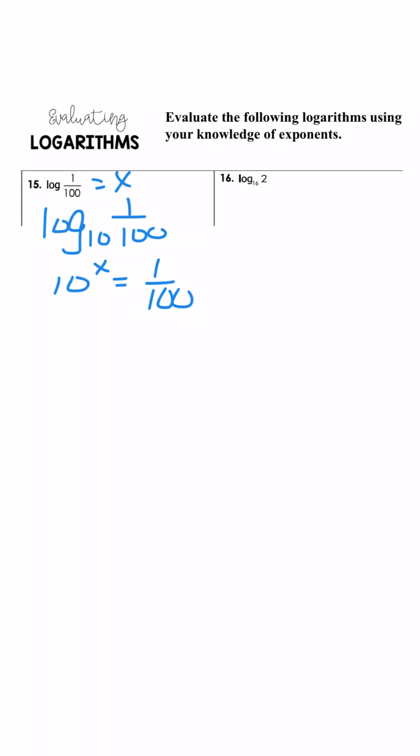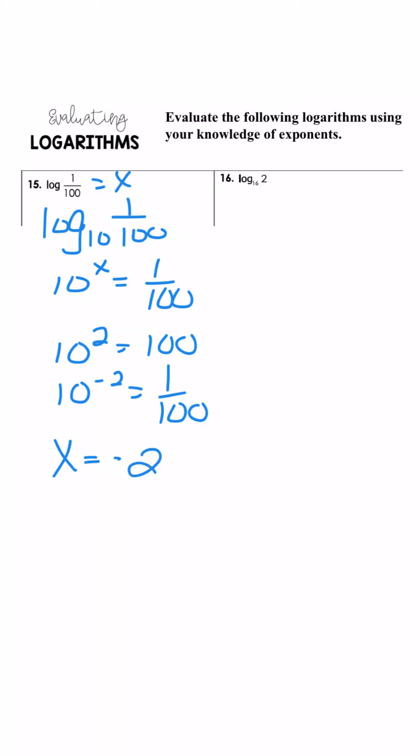I already know that 10 to the second power equals 100. And remember, you want it to be the inverse. So then we would say that 10 to the negative 2 power equals 1 over 100. So in this case, you're going to have that x equals negative 2.